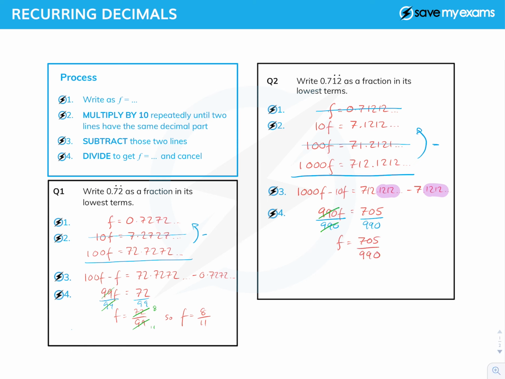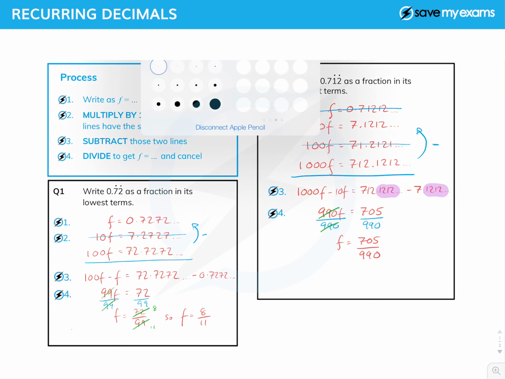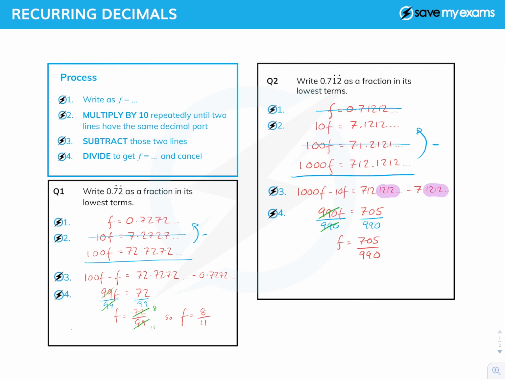Now, I don't know how your times tables or your cancelling skills are, but it's pretty clear that 5 goes into both of those because one ends in a 5 and one ends in a 0. So if we divide the top by 5, we actually get 141. And if we divide the bottom by 5, we get 198. And you may spot that both of those divide by 3.